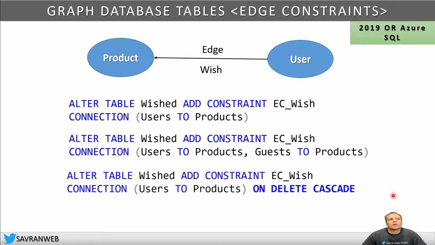Another problem you might have in 2017: what happens if a user is deleted, but that user has some relations with other entities? What do you do in that case? In 2019, it gives you an option. For example, if you are going to delete a user and that user wished many products, and you say on delete cascade at the end of the constraint, SQL Server will delete all the cascade relations.